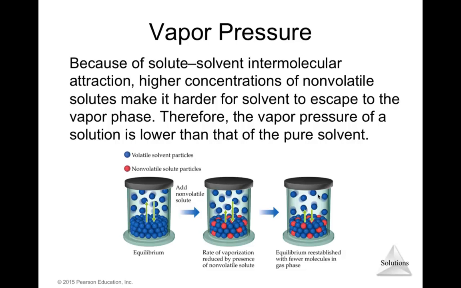And because we have fewer molecules in the gas phase, the vapor pressure is lower. Remember that the vapor pressure is induced by the molecules that are in the gas phase. So that's why a pure solvent will have a higher vapor pressure than a solution, because in the solution, some of the solvent molecules will interact with the solute and can't escape to the gas phase.